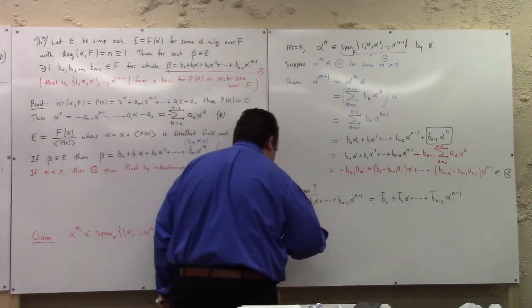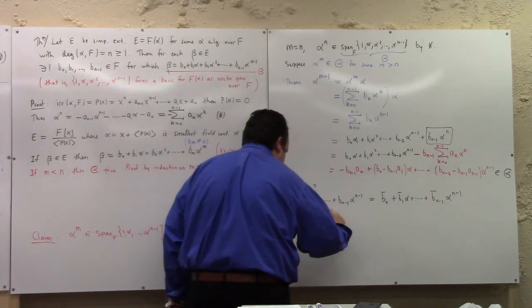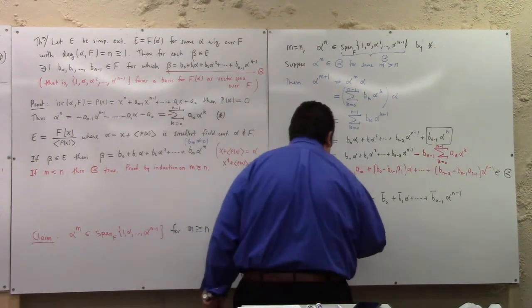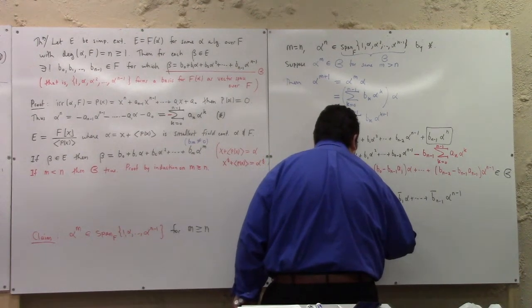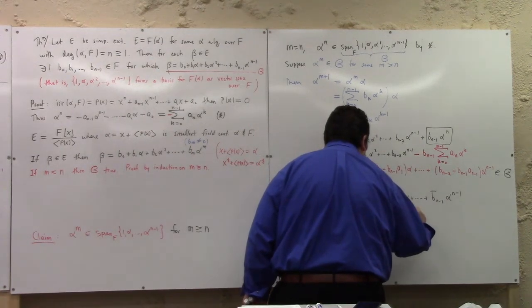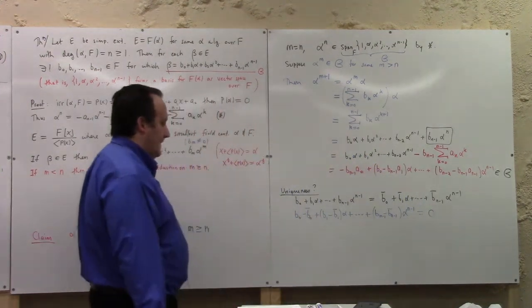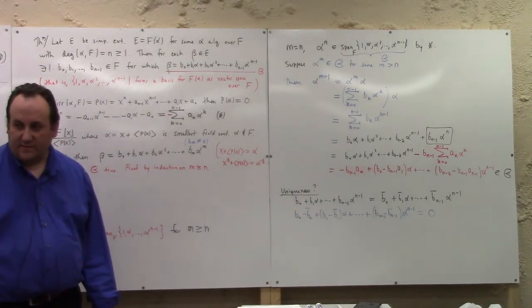Like b0 minus b0 bar, b1 minus b1 bar times alpha, and that'd give you b n minus 1 minus b n minus 1 bar times alpha to the n minus 1. Right. And what is that? Well, that suggests a polynomial, right?